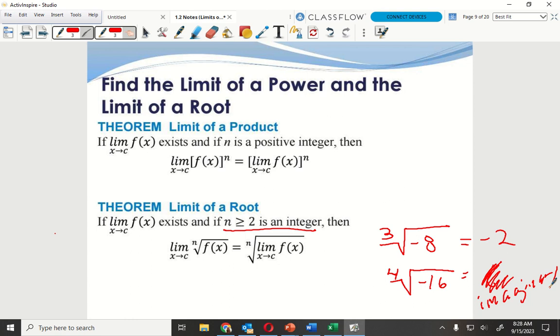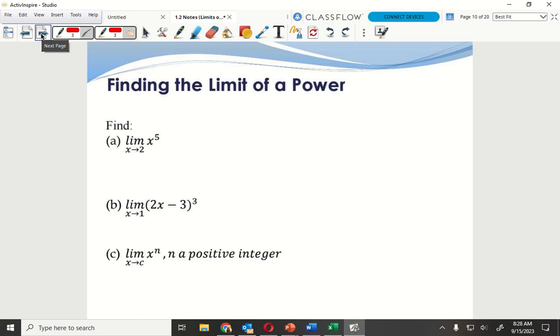Now, this one right here, using a power, I could just plug this in. That's going to be 2 to the 5th, which gives me 32.